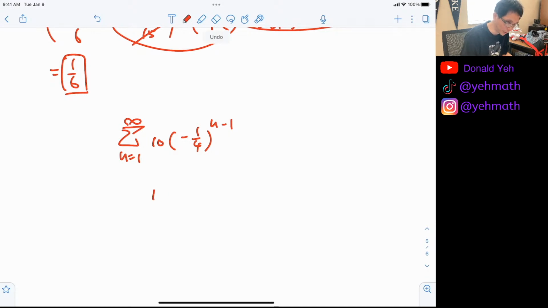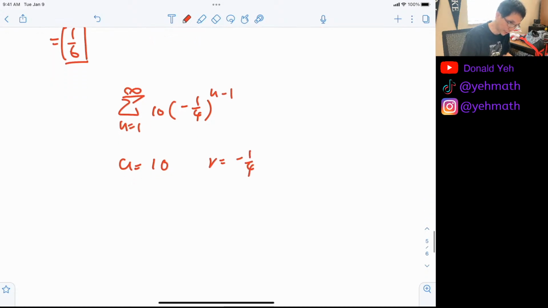And then what's your r? So r is equal to, no, what's r? r is negative 1 over 4. Okay, so then it's going to be 10 over 1 minus negative 1 over 4. So that's equal to 10 over 1 plus 1 over 4. So it'll be 10 over 1.25, which is roughly 8.